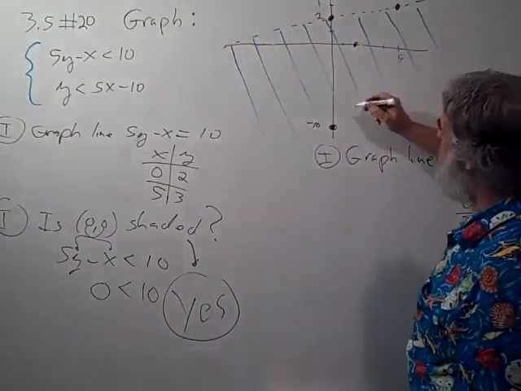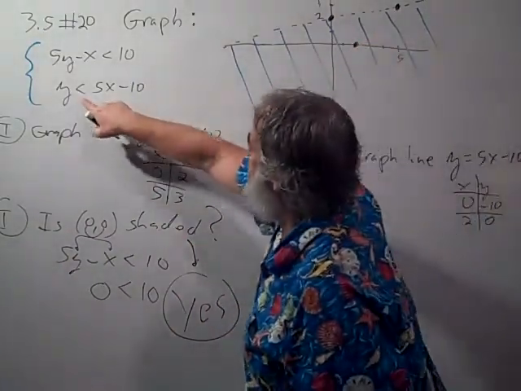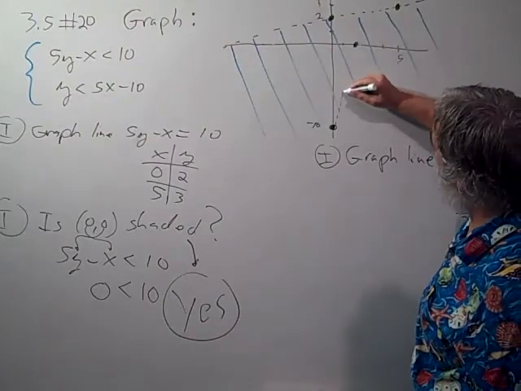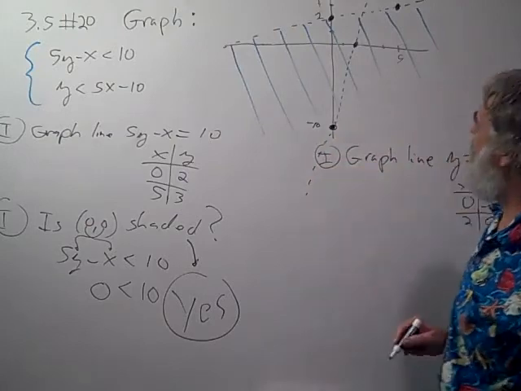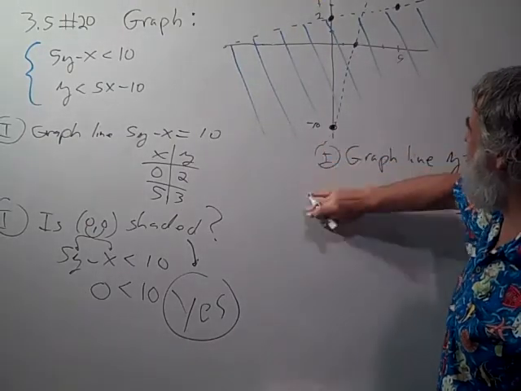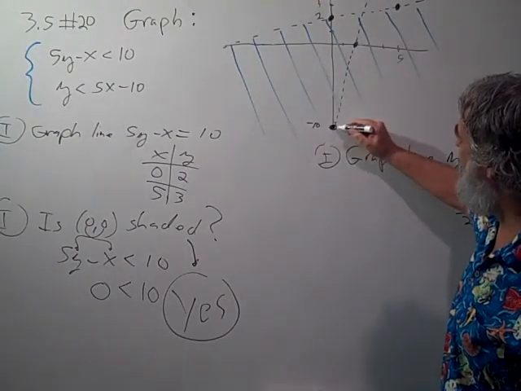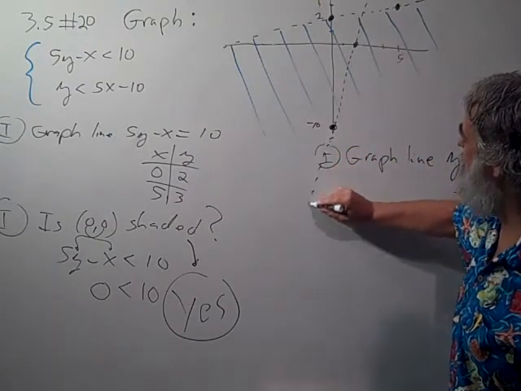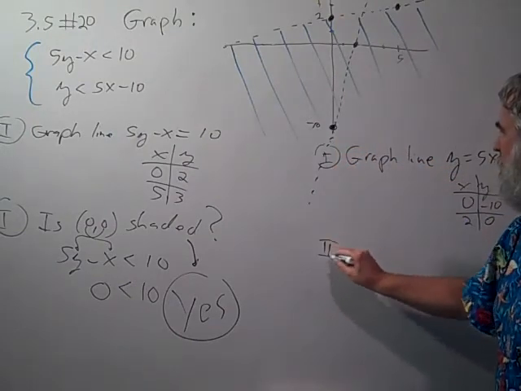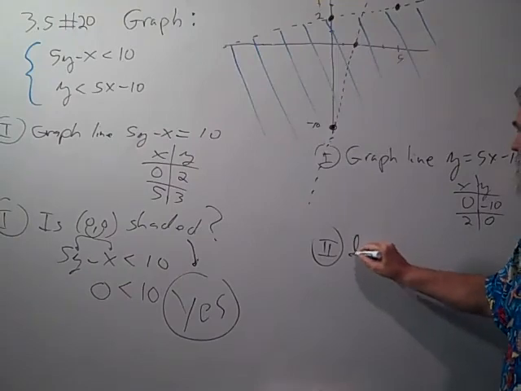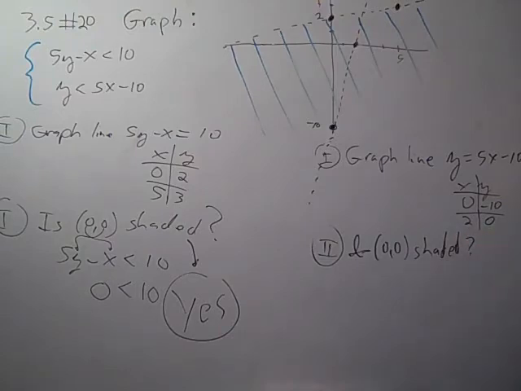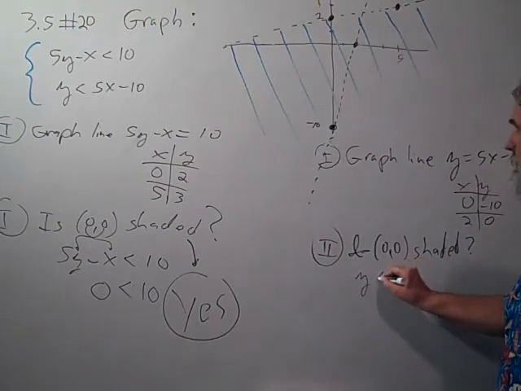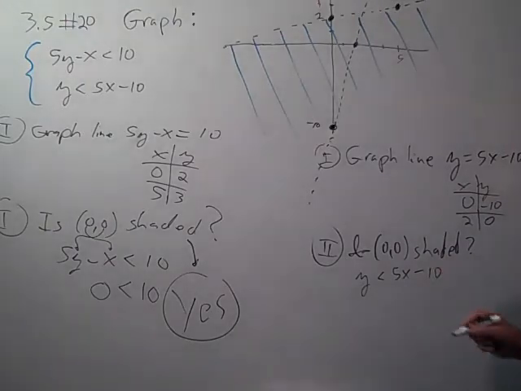So this line, also a dashed line, because it's not a strict inequality, looks like this. And we have to decide which side of that line we shade. Oops. Coming down very steeply. So the second question we must answer here is, is the origin shaded for this inequality? The inequality is y less than 5x minus 10.